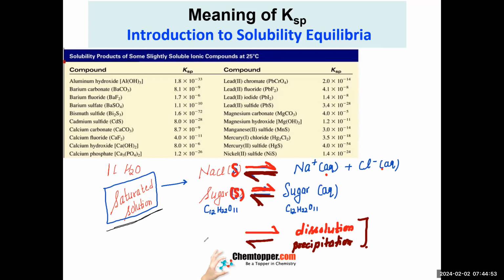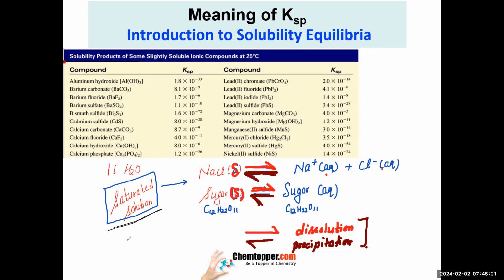So what's the meaning of a saturated solution? It means no more solute can be dissolved in water. This is for young children to understand, those in 9th standard. I have students who are in 5th standard doing this with me, so it's better they use this: a saturated solution is something where you cannot dissolve more.